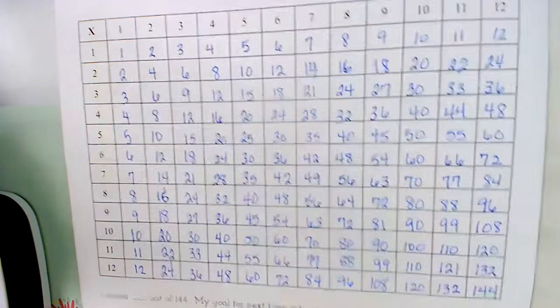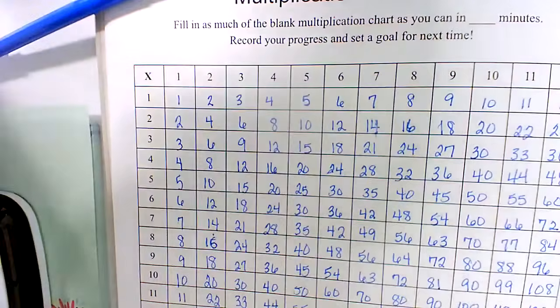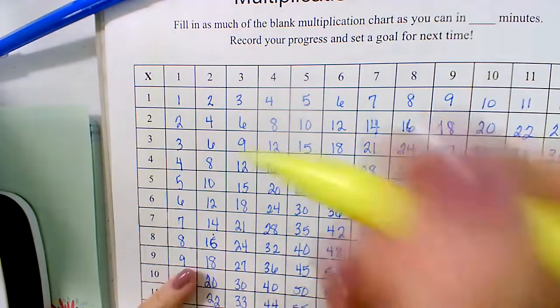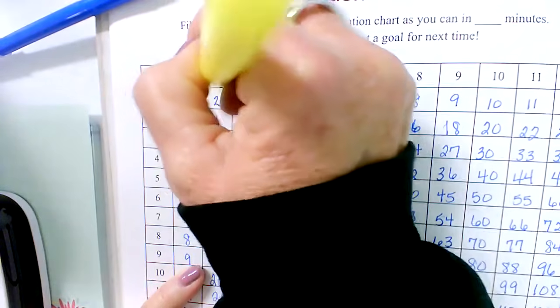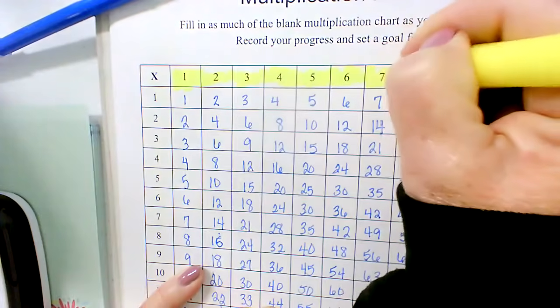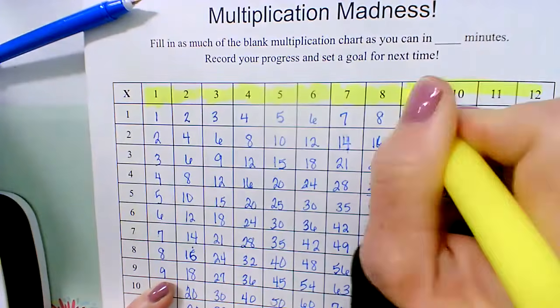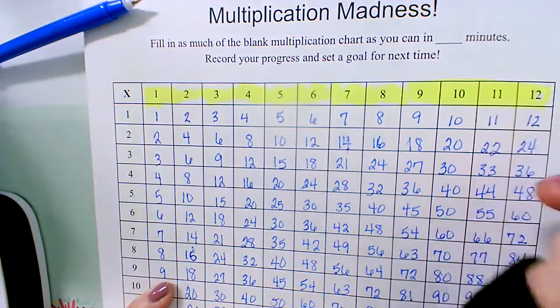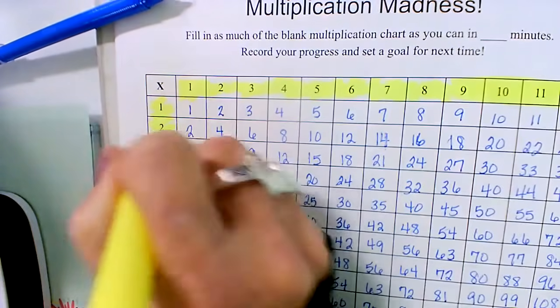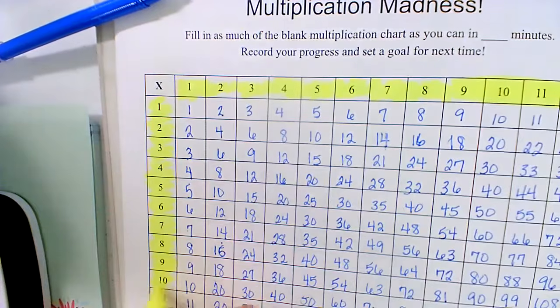Now, to use the multiplication chart, again, we are going to say that our first row is our factors. So if we shade those, they stand out and we don't mix them up. And going down, first row is our factors. So we can shade those so they don't get mixed up.